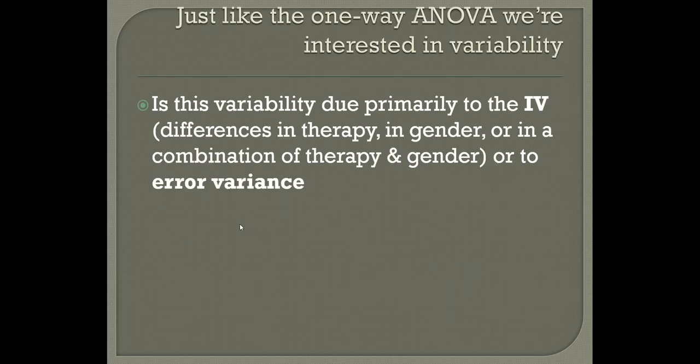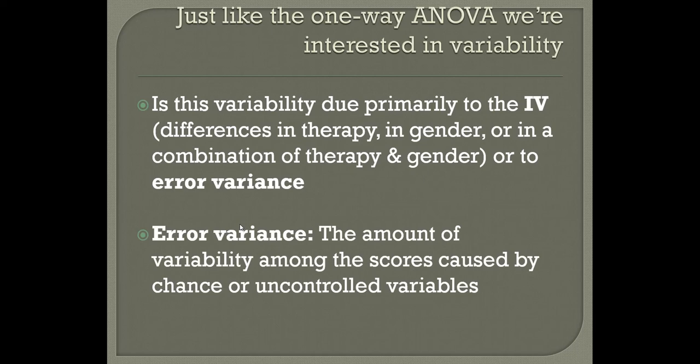So just like with the one-way ANOVA, we're divvying up the variability to look at differences between the conditions, to see what amount of variability is attributed to differences between the conditions and what amount is more or less noise, or error variance, or within group variation.